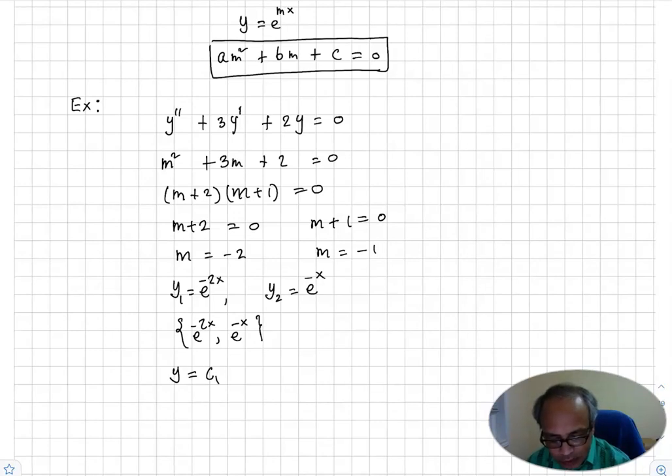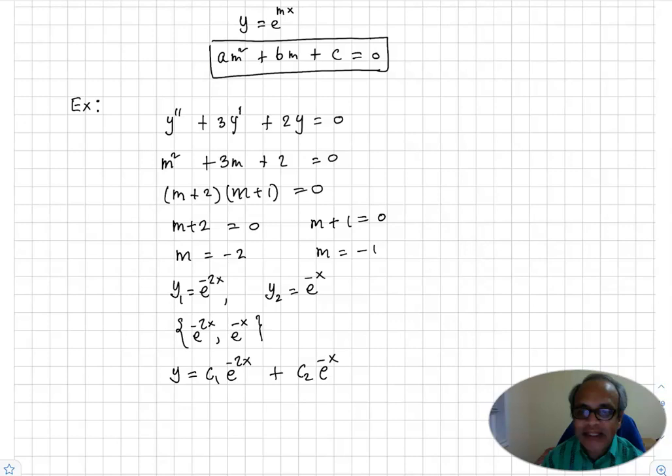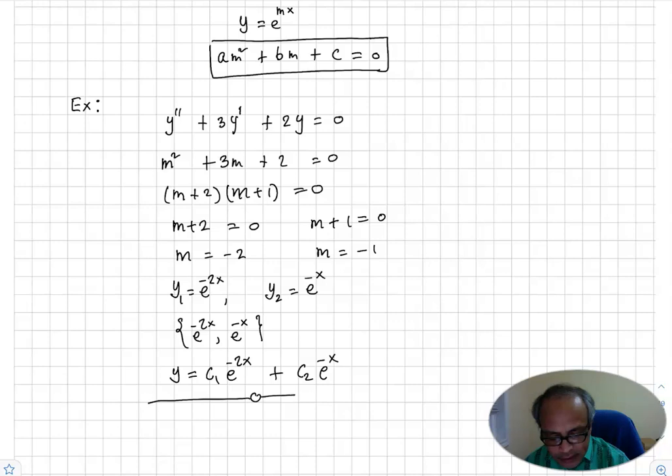So c1 e to the power minus 2x, multiplied by a constant c1, plus another constant c2 times e to the power minus x. And this general solution is a two-parameter family of solutions. We need additional conditions, which will be discussed later, to determine the values of c1 and c2.